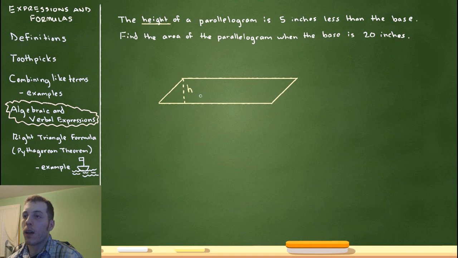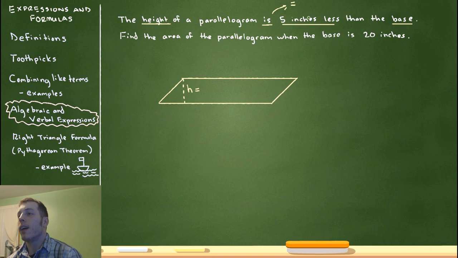Let's call that h. Now, we have the height is. This translates to an equal sign. Whenever you see is in a verbal expression, we want to translate that to an equal sign. So height is. Now, 5 inches less than the base is another key term here. How can we translate that?